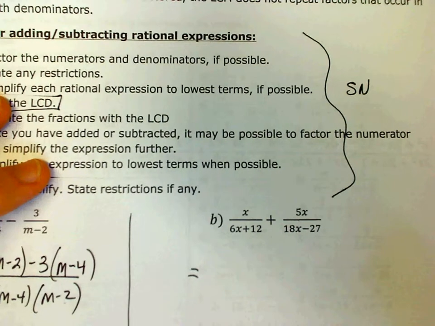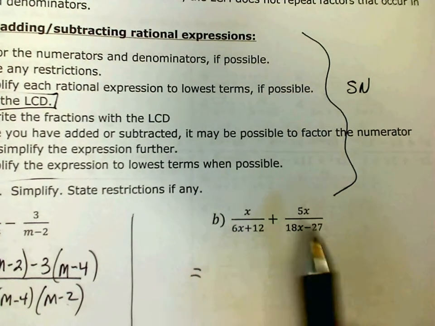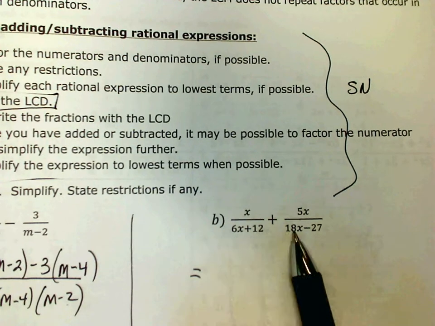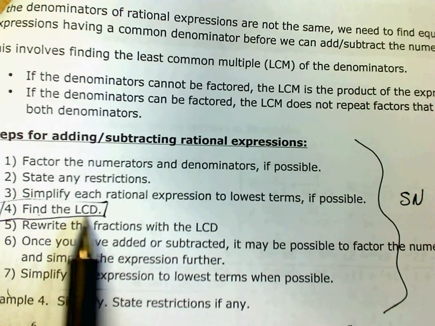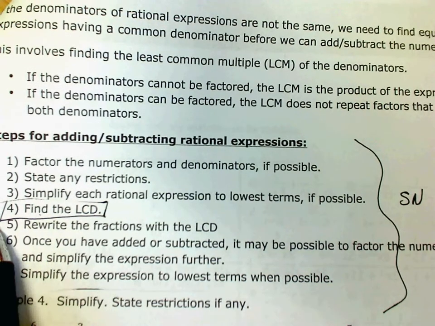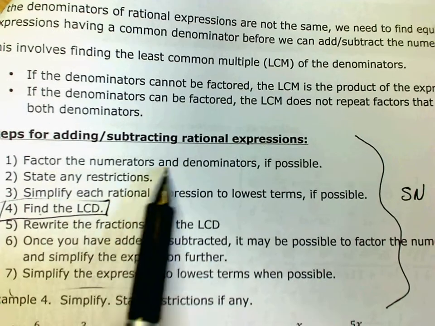Okay, here we have, oh my goodness, this is getting more and more complicated. So what would you do first? Even before that, do you see how fine the lowest common denominator is down here? It's factor the numerators and denominators. So let's do that first.